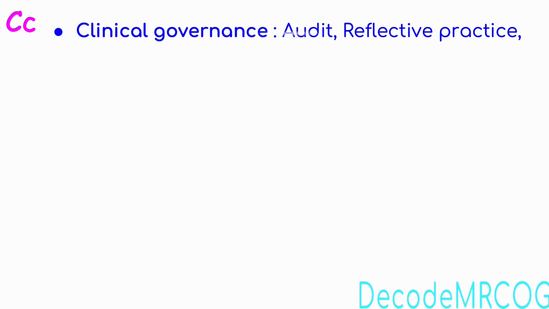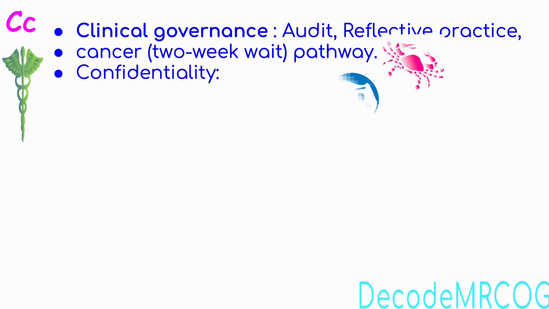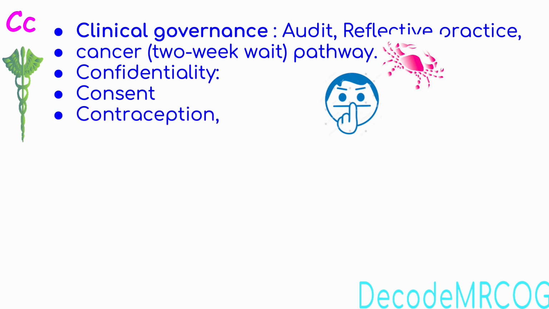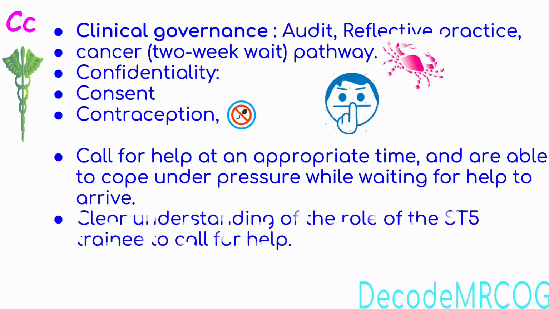C. There are many points in C. Clinical governance, audit, reflective practice, cancer pathway, a 2-week targeted pathway, confidentiality, consent, contraception, call for help at an appropriate time and be able to cope under pressure while waiting for help to arrive.